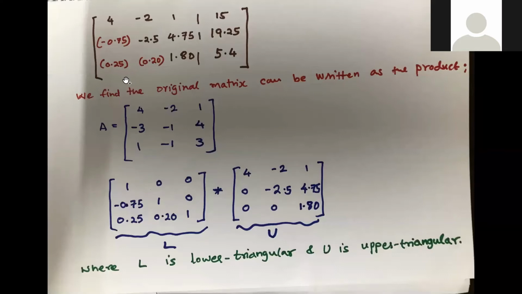So 0.25 is written over here. And third one is 0.2, that is written here. Along with these three coefficients and diagonal made as unit number, it gives you the lower triangular matrix.